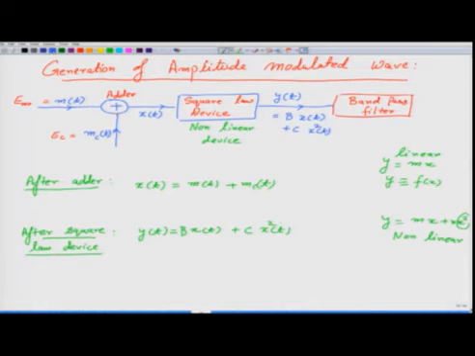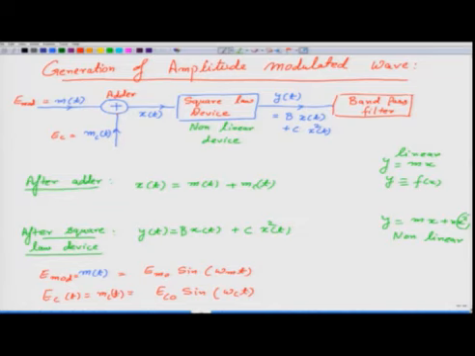Going back to our original equation, m(t), let me write it as d also, otherwise we will confuse it with m naught. This was represented as E_m0 sine of omega_m t. M naught is the amplitude, omega_m is the angular frequency, and the carrier wave mc(t), the carrier wave, will be E_c0 sine of omega_c t.